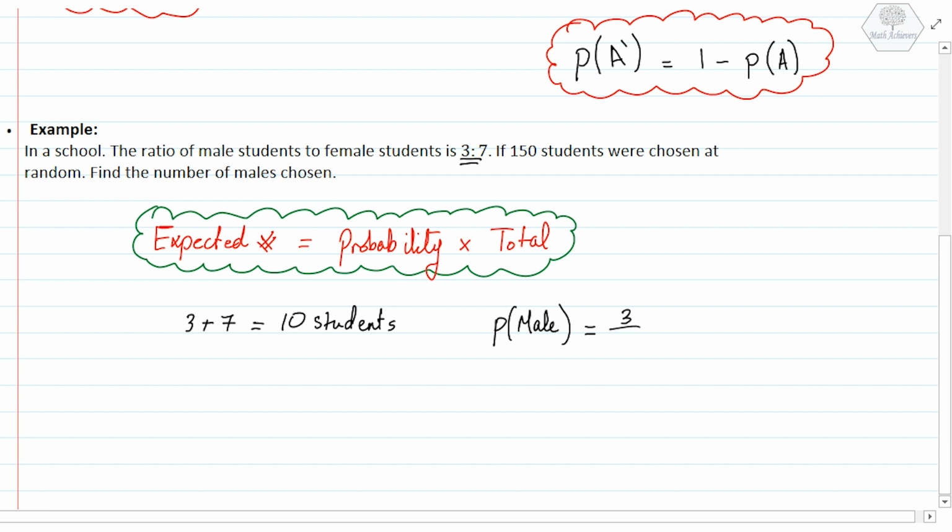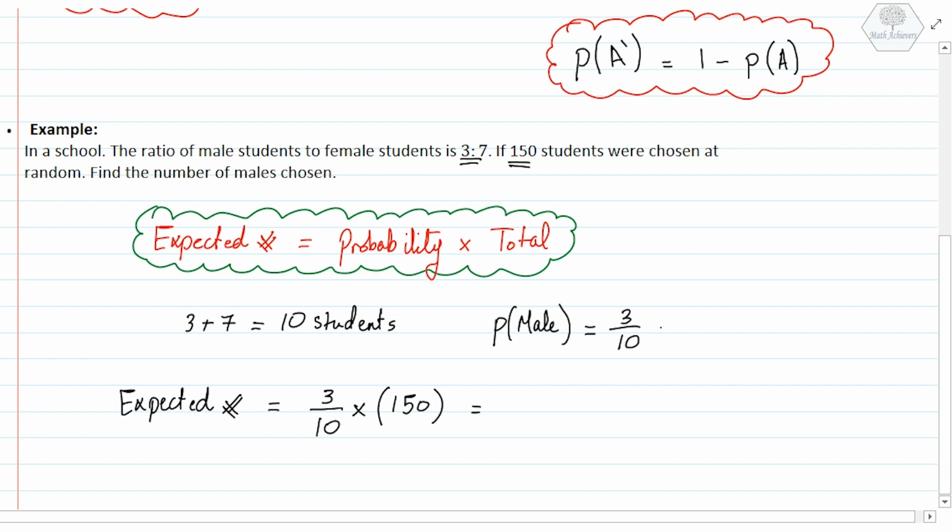So it is 3/10. And then to find the expected number for 150 students, this would be equal to the probability of males, which is 3/10, times the total, which is in this case 150 students. And this will give me 3/10 times 150.